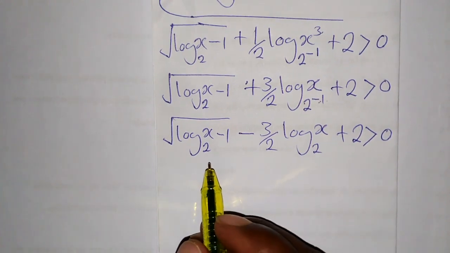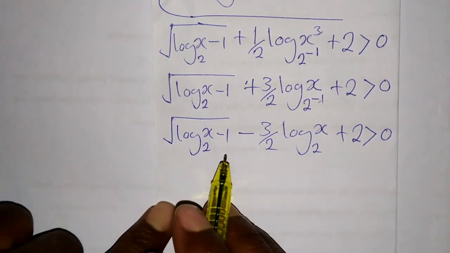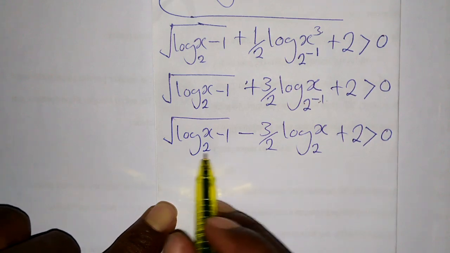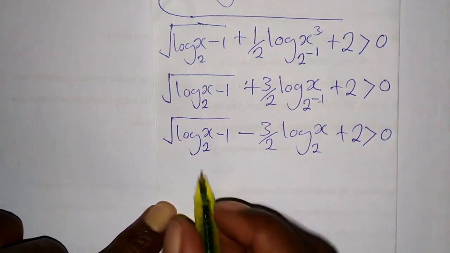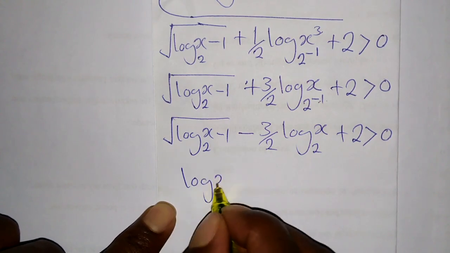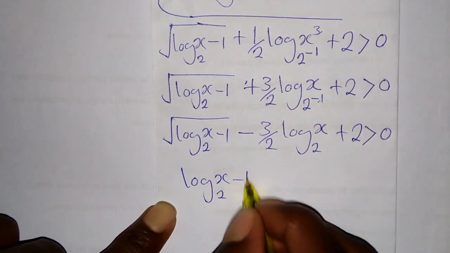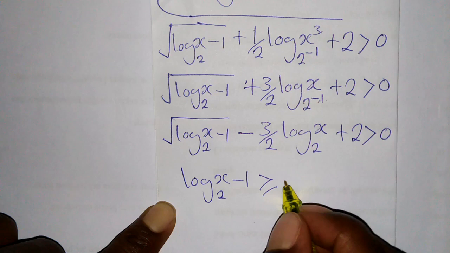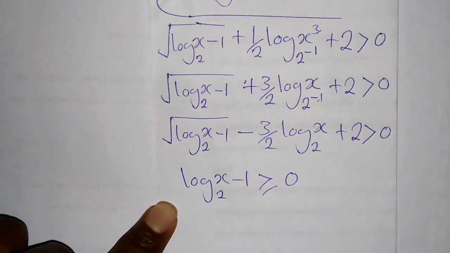Now, for us not to have a complex number here, this log x base 2 minus 1 must be greater than or equal to 0.